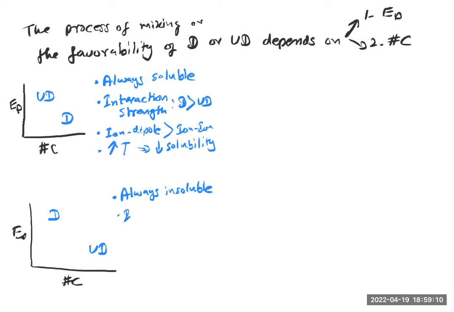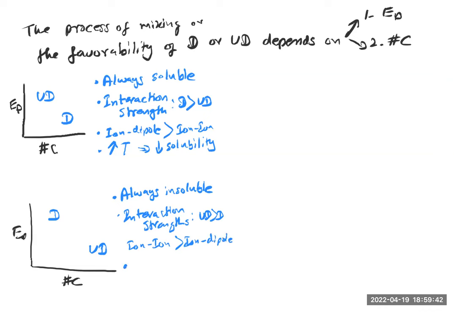Interaction strengths will be greater in the undissolved state compared to the dissolved state, because the undissolved state has a lower potential energy. This means the ion interactions are stronger than the ion-dipole interactions.